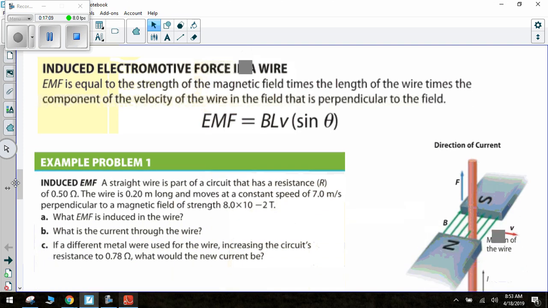Induced EMF. So EMF is the same as what other thing that we've talked about? Say it louder. Voltage. So EMF is just voltage.